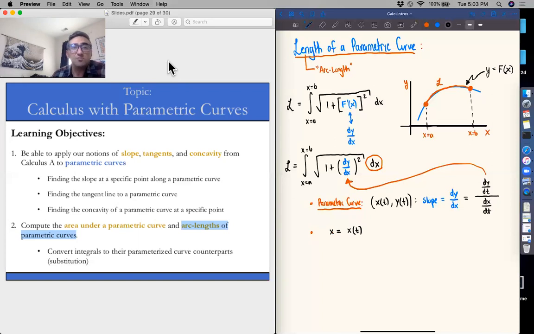Well, this might be a little bit obvious, but what if we take a derivative of both sides here? So really we have dx dt is equal to x prime of t. This doesn't really do anything. In fact, we could actually get rid of that right-hand side and rewrite that as dx dt. It's the same thing. And why would we want to do this?